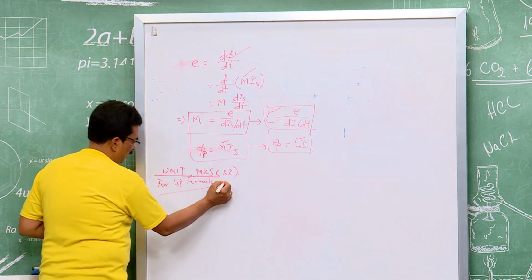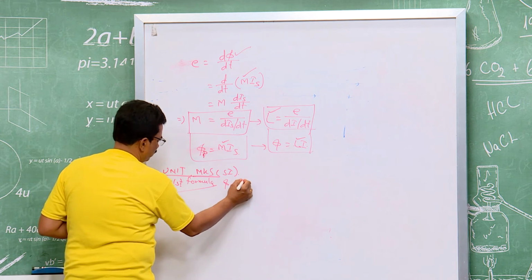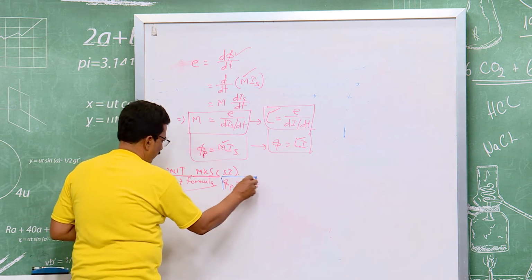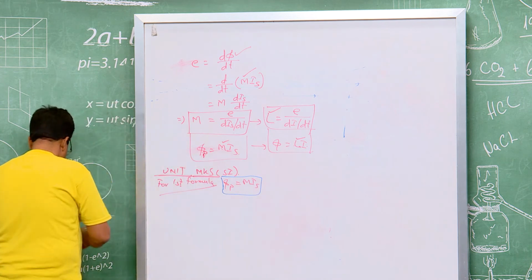For the first formula, phi p is equal to MIs.